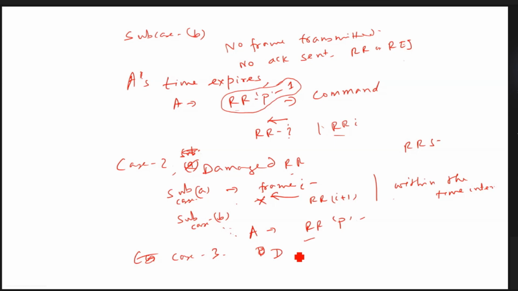The two types of acknowledgements are RR and reject. Here the damaged RR is the same as for a damaged acknowledgement, and the same thing will happen for a damaged reject. Now let us see all of this quickly in the diagrams. It will be clearer when you see it, as I mentioned.